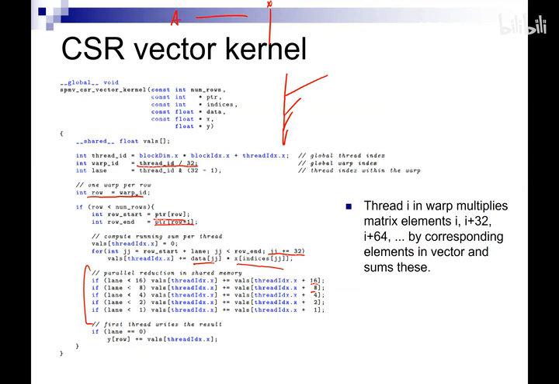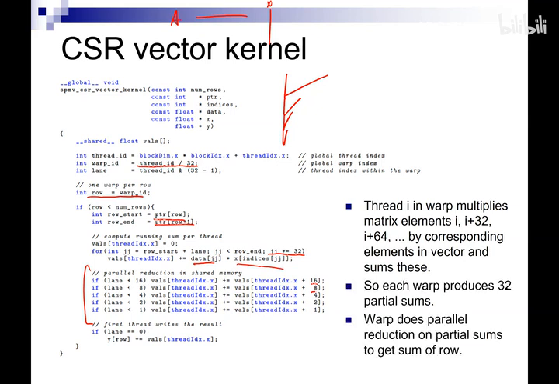If you do this, it's going to end up adding together all of the 32 values from the warp, and that is going to be the entire dot product between this row of A and the vector X.